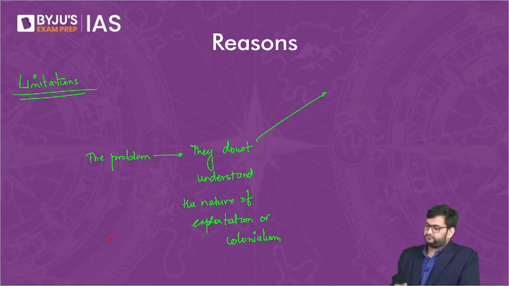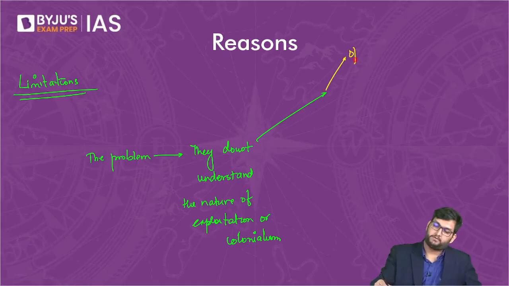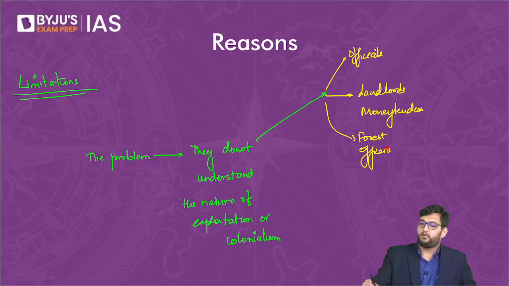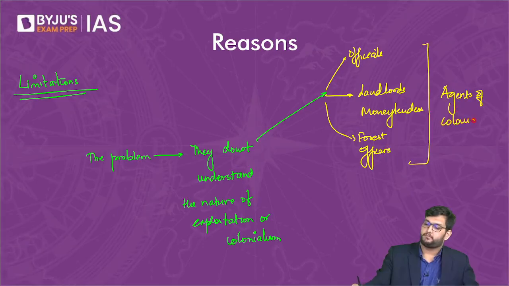Each one of them, be it officials, be it landlords or money lenders, or be it forest officers, they all targeted the agents of colonialism, but never colonialism itself.